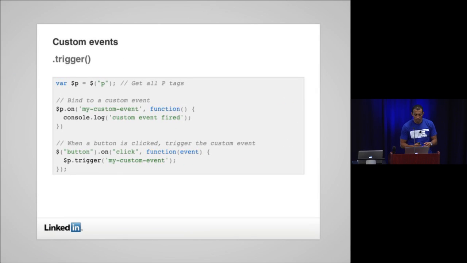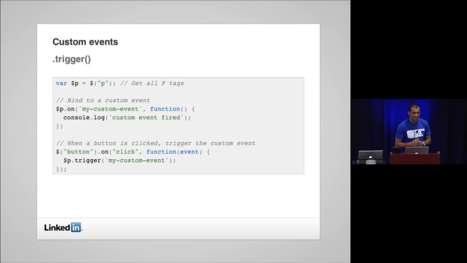Now, the interesting thing about jQuery is that it gives you the ability to create custom events. Remember how I said the word on to bind events? You can also force the trigger of events using the trigger function.